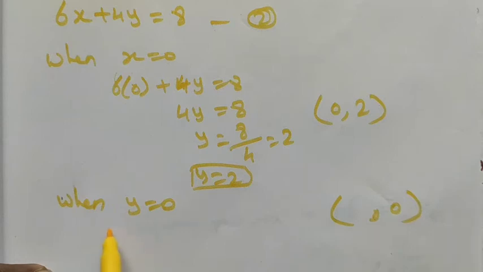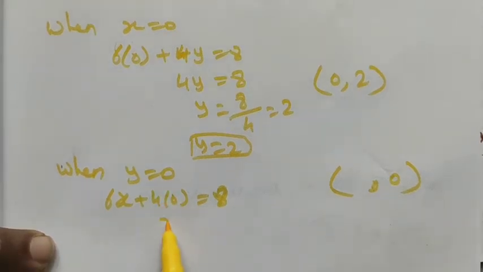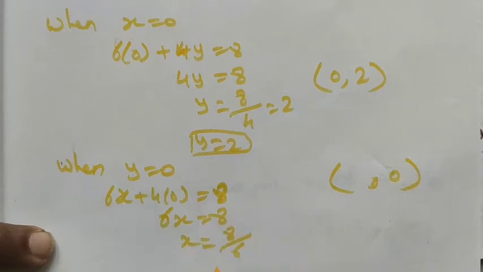When y is equal to 0, we want to find the x value. 6x plus 4 into 0 is equal to 8. The whole term becomes 0. Then 6x is equal to 8, then x is equal to 8 divided by 6. If you reduce this, dividing by 2, we get 4 by 3.